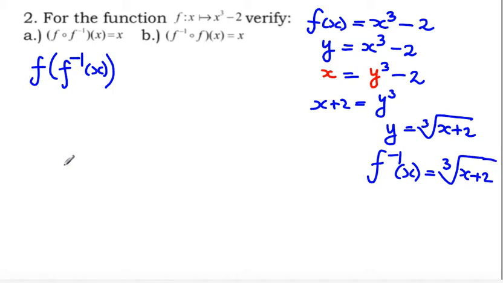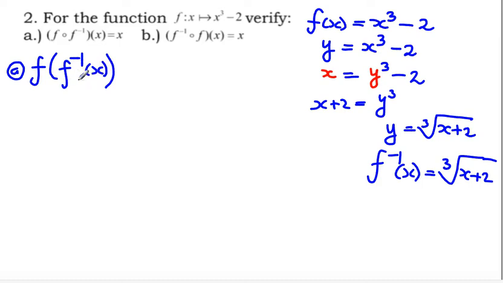Okay, so now knowing the two formulas of these functions, we are going to check. In question A, remember this notation just means composition of function, and of course the one nearer to x is to be done first. So this is the inside function that you need to do first.